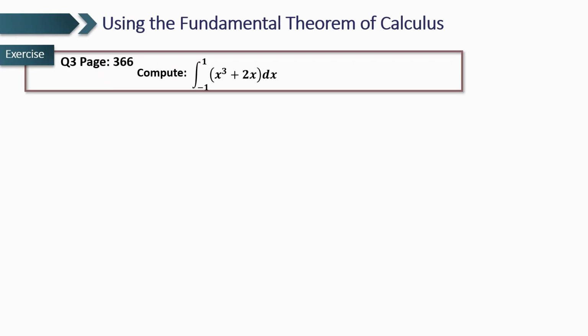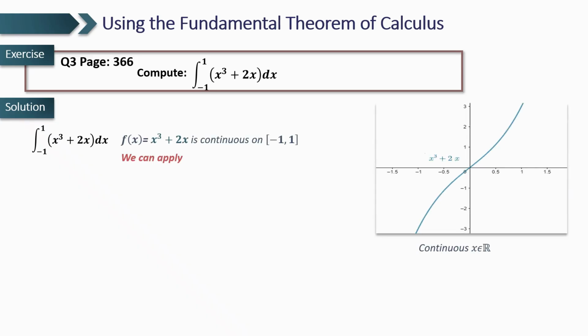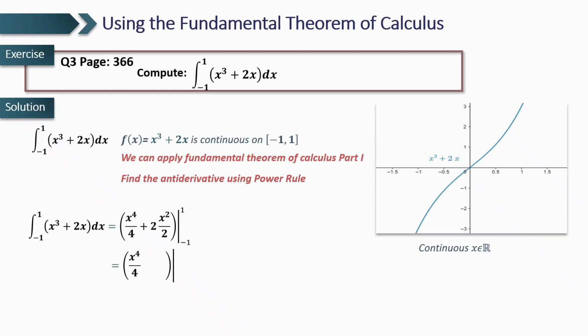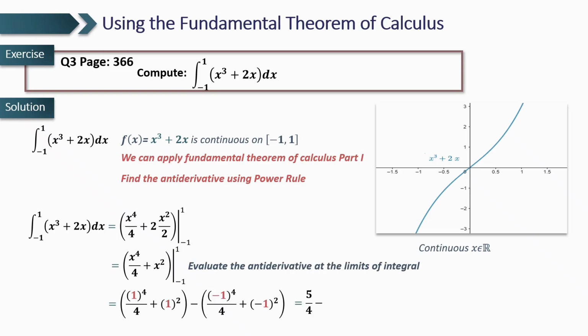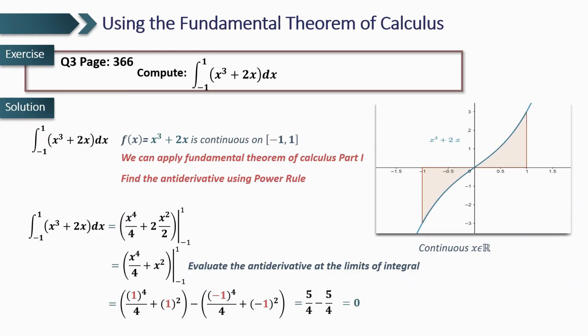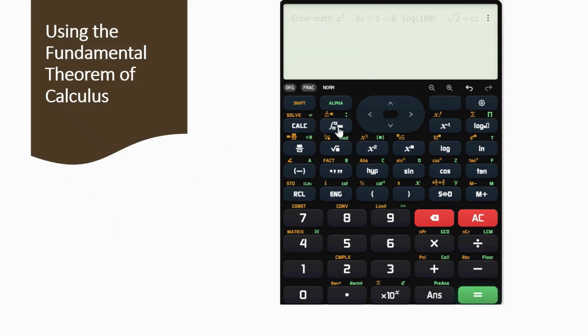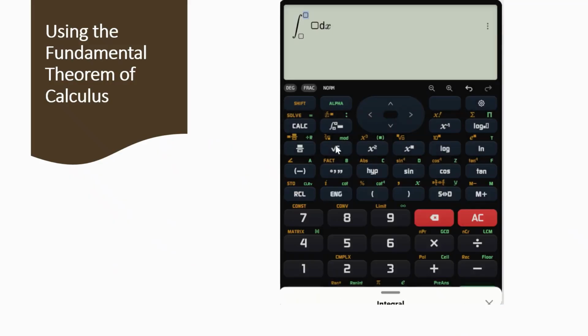Here we go. X cube integration is nothing but x power 4 over 4 using the power rule, then 2x square divided by 2. Now you can apply your upper limit minus the lower limit, which is negative 1. Use your brackets properly and you get the answer as 0. So let's enter the integration.